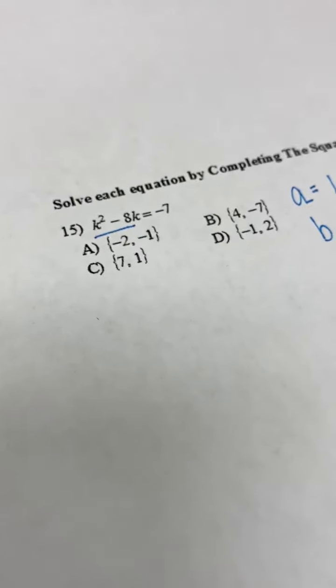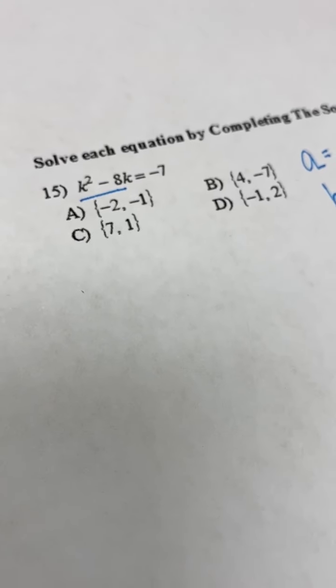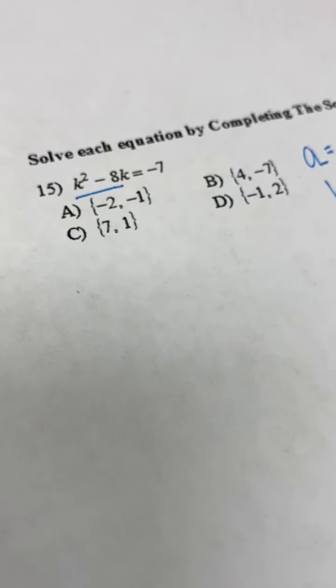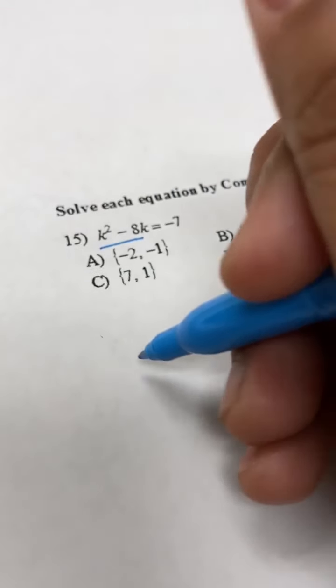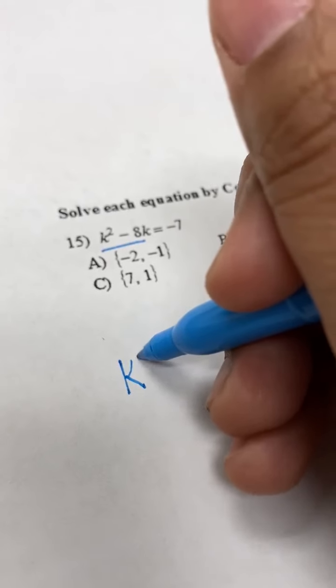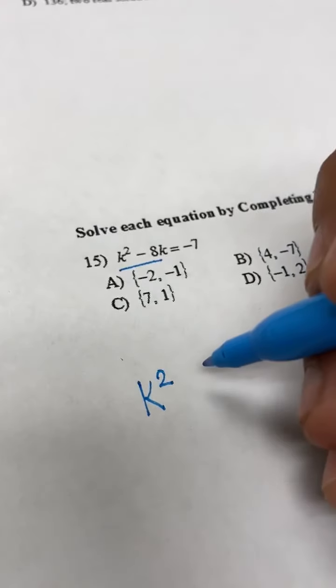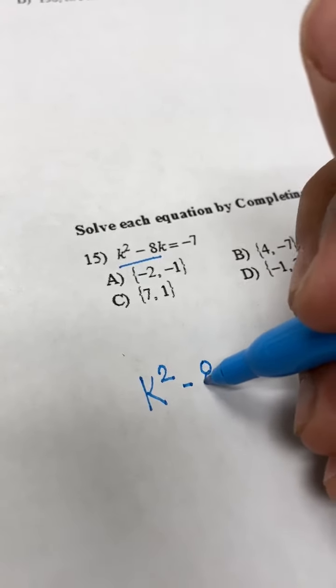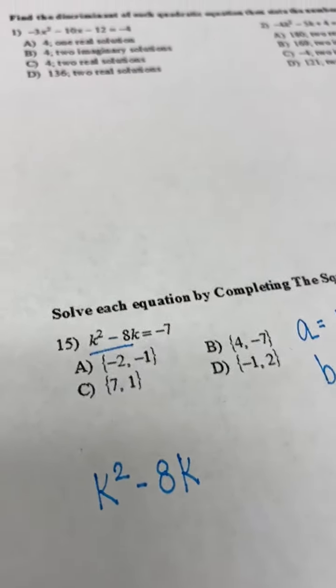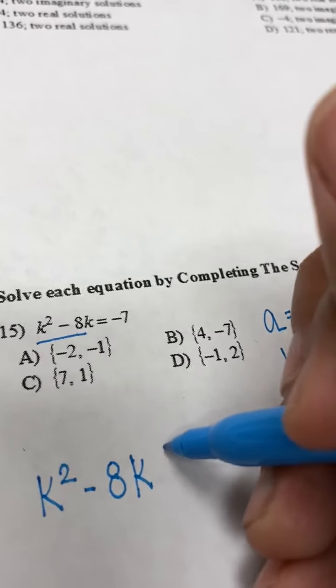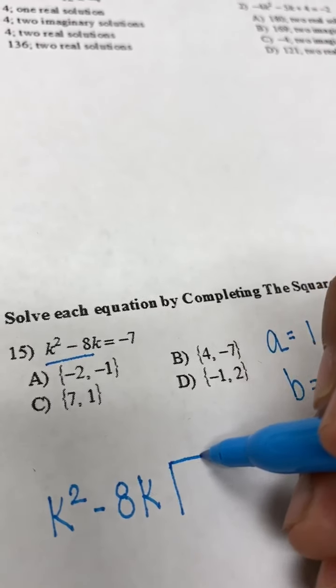In order for me to do that, I need to make some little squares. You don't have to do this when you're doing your homework, but it's good practice. So I'm going to write k squared minus 8k, and either you can do a line or you can do a square, but I'm going to do a square just because it's called completing the square.